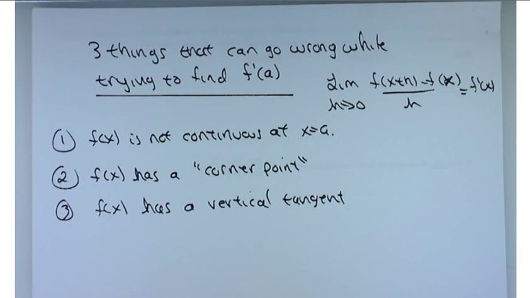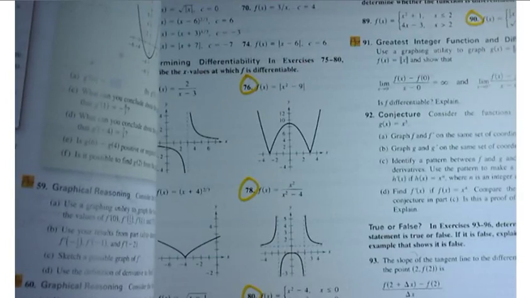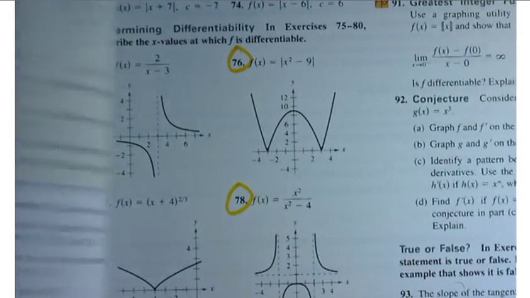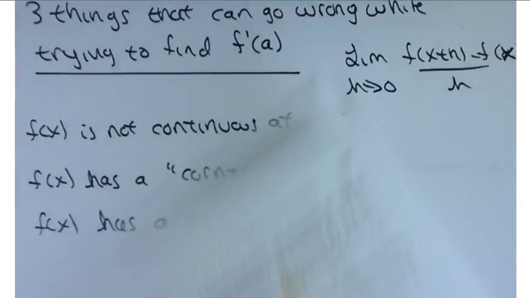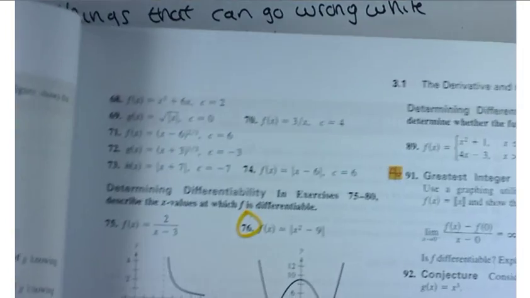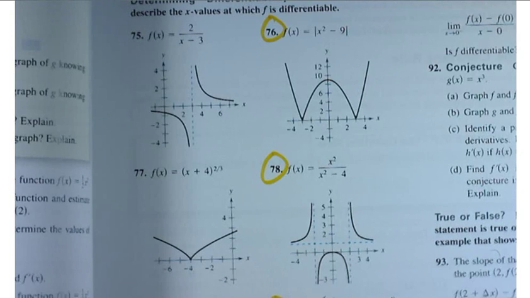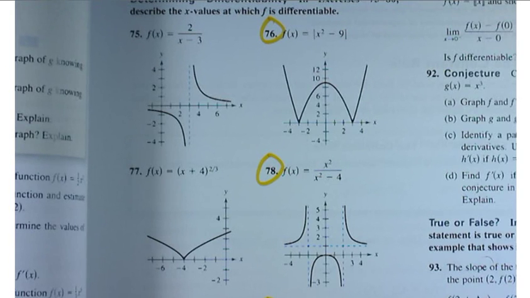So there's three different things that can go wrong when you're trying to look at a function and figure out where it might or might not have a derivative. Let's try and spot some of these as we look at some of our own examples. We'll start with problem number 76 and 78.